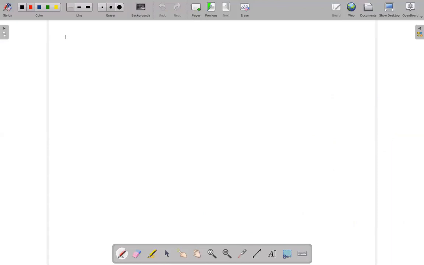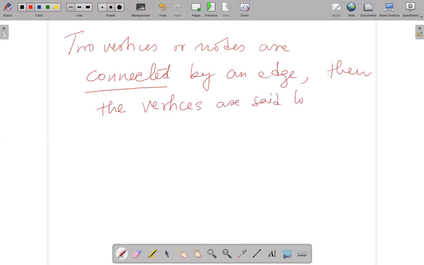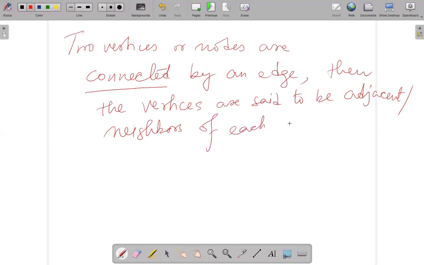Now, if two vertices or nodes are connected by an edge, then the vertices are said to be adjacent, or neighbors of each other.